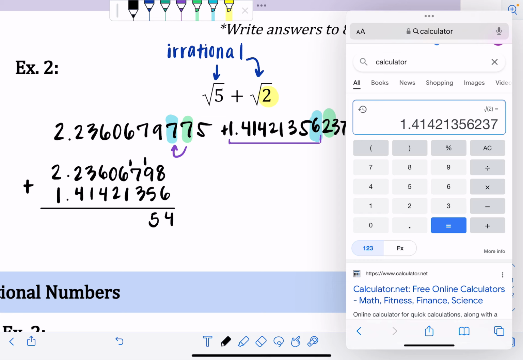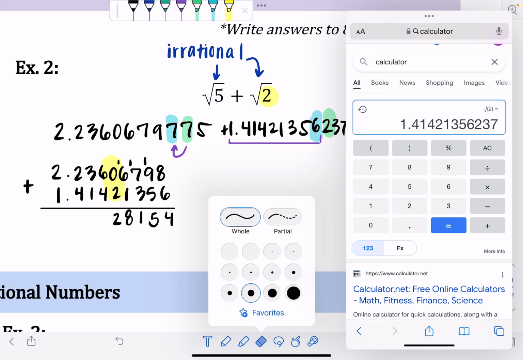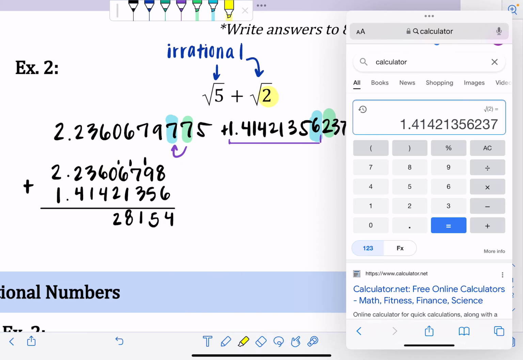So I have 1 plus 7, which is 8, and then plus 3 is 11. Carry the 1 again. 1 plus 6 plus 1 is 8. Don't have to carry a 1 that time. 0 plus 2, 2. Don't have to carry a 1. I do need to shrink my highlighter though because everything's too close together.